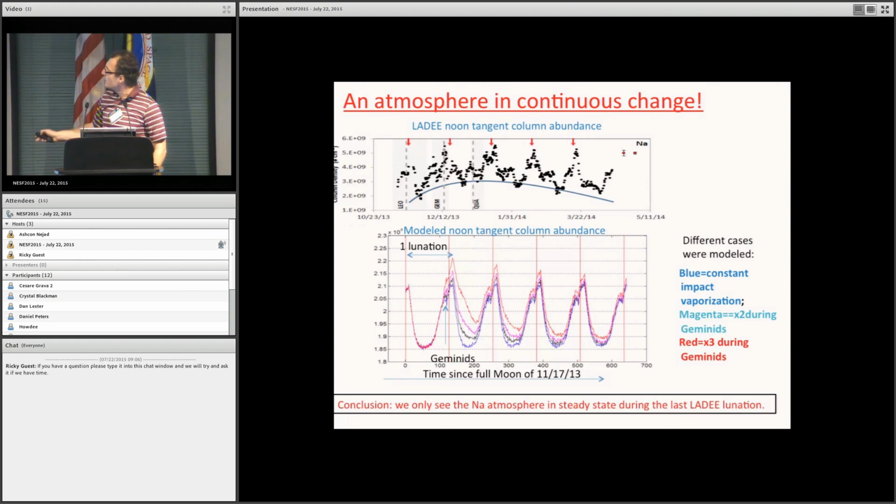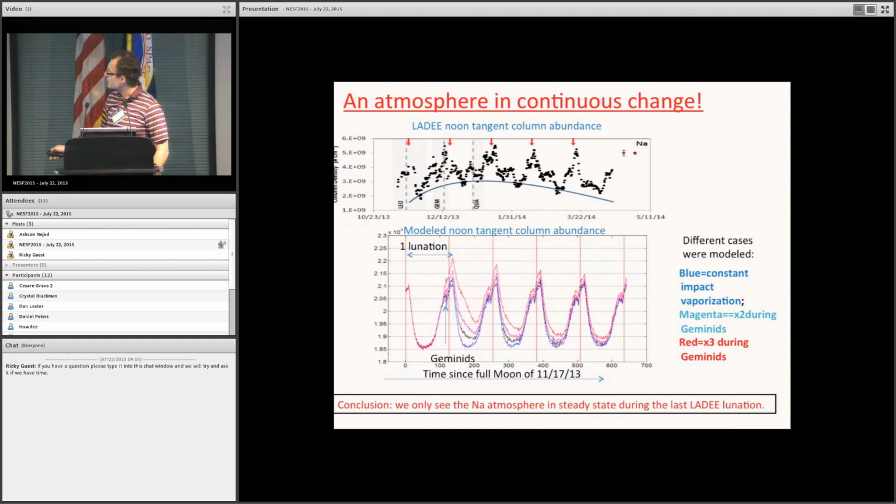But if you notice, it actually varies throughout these 5 months of observation. Sometimes it's something like 60% on some months, and on the very last month, it's more than a factor of 2. As it turns out, because of the presence of adsorbates, and it takes a while to get them off the soil, when you inject additional material during showers, it will be a while before you can remove the memory of this shower from the soil.